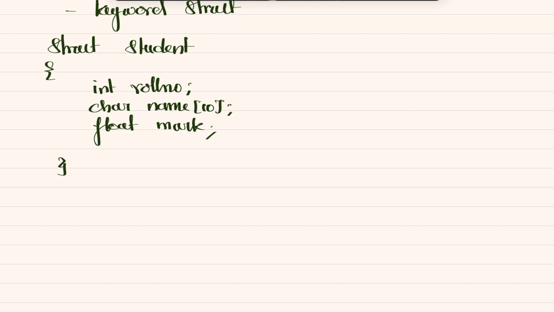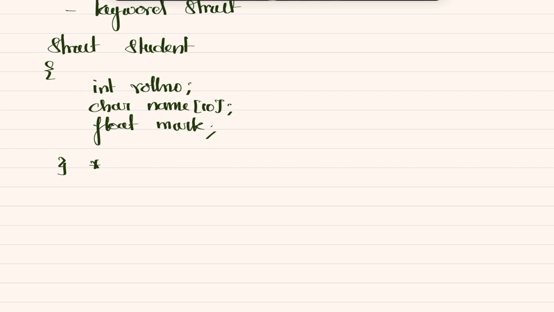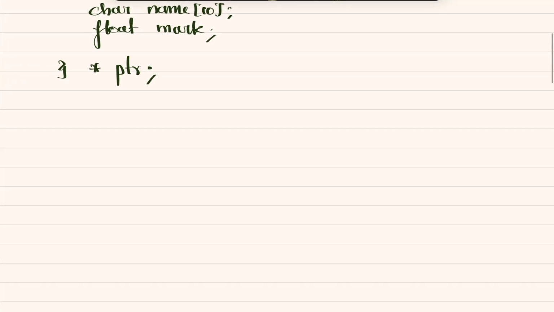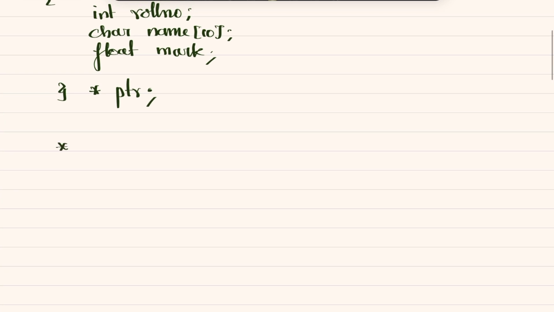Now you have to access the structure members. Either you can access them directly or with the help of a structure pointer. A structure pointer is a pointer type of variable, and all the members are accessed with the help of the structure pointer. So we can have the asterisk symbol and ptr. The star operator can be accessed with the help of the arrow operator. Here there are two types of operators we are going to discuss: one is called the star operator and the other is called the arrow operator.